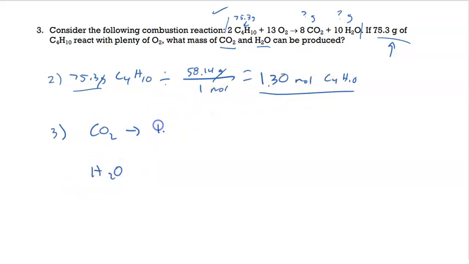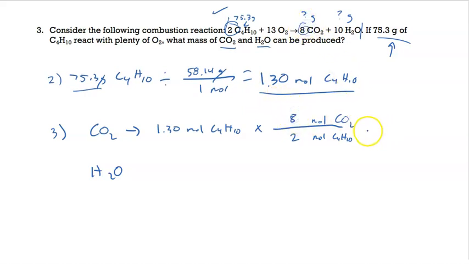So I have 1.30 moles of butane. I multiply that by the mole ratio of butane to CO2. So moles C4H10, and the coefficient for butane is 2. And then moles of CO2 on the top. The coefficient for CO2 is 8.